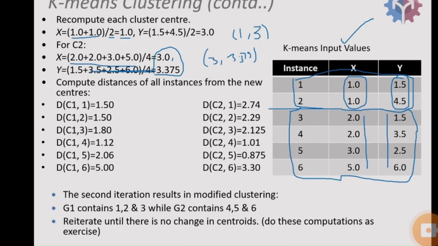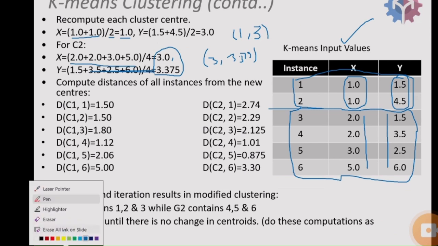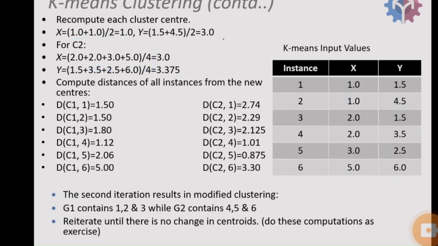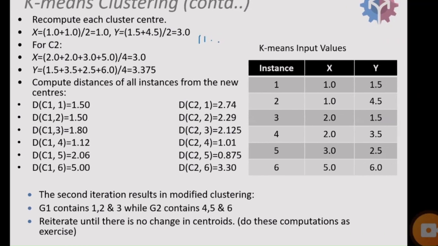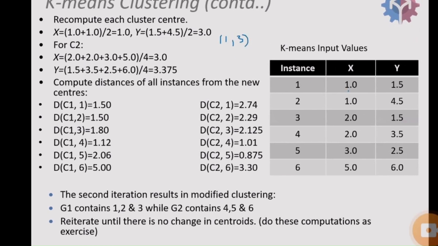For example, one of our centers is 1, 3, right? So you just have to find the distance of each point from 1, 3 now, the new center. And again, you'll find new distances for all 6 points. But this time you don't see any 0 here, right? Because now the cluster center is not sitting on top of another point. So you find distances.